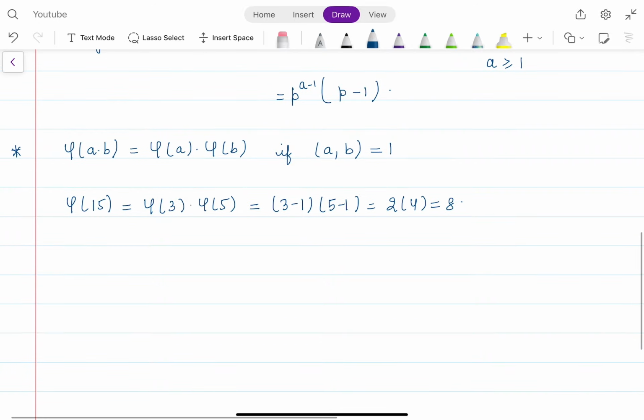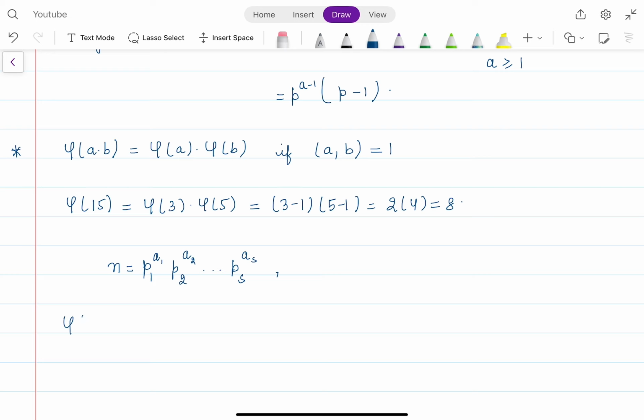So if you have a large number, so suppose you have any number, for instance, if n is any positive integer, then you know that you can write it as product of prime numbers. So for instance, I am writing n as product of these numbers.